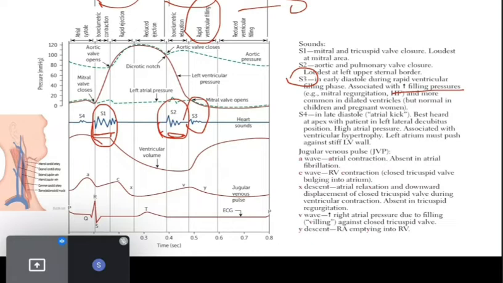And if you have more ventricular filling, you will have a louder sound. This more volume in the atria happens in two cases, mitral regurgitation and heart failure.